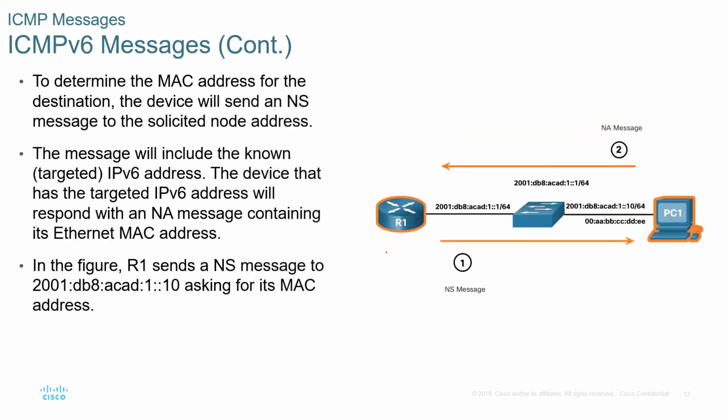To also determine the MAC address for the destination, the device will send a neighbor solicitation message to the solicited-node address. The message will include the target IP version 6 address. The device that has the target IP version 6 address will respond with a neighbor advertisement message containing its MAC address. So you see this concept of neighbor solicitation and neighbor advertisement messages is just a way of sending information. And what kind of information?